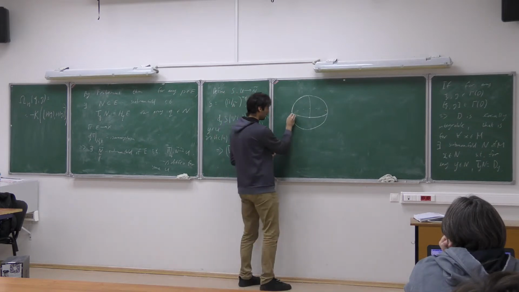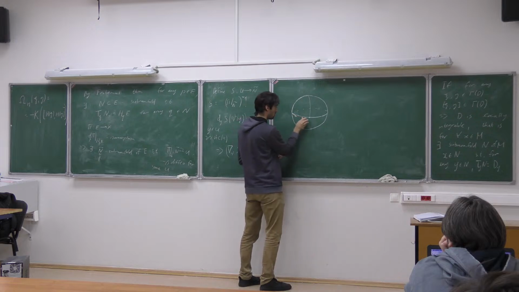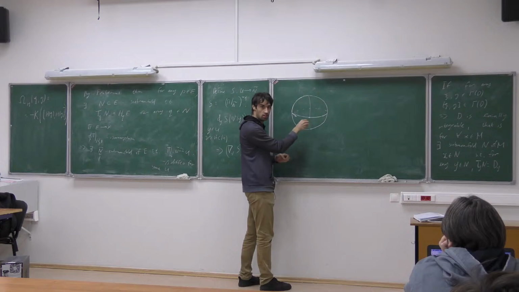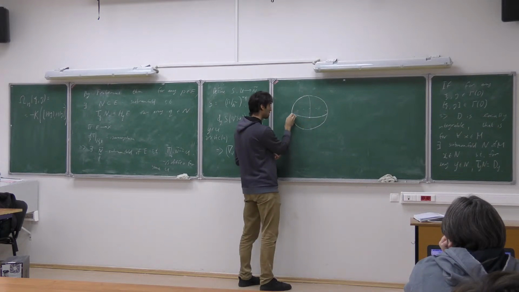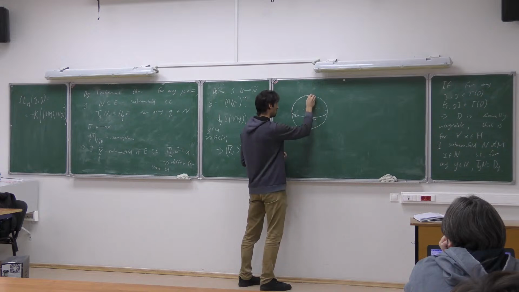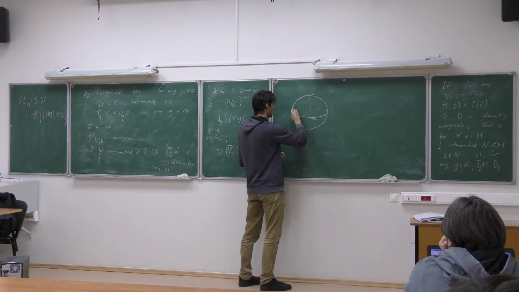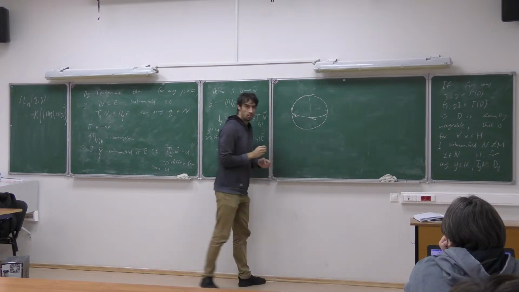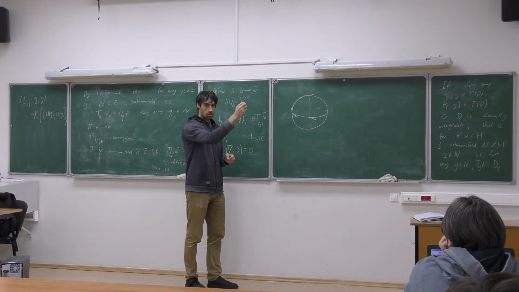If I take a vector like this, parallel translation just goes at the same angle to this geodesic. So I parallel translate it to here, then I move it to here, this will be this vector. Then I move it to here, and this will be this vector. So when I go around like this, I turn 90 degrees.